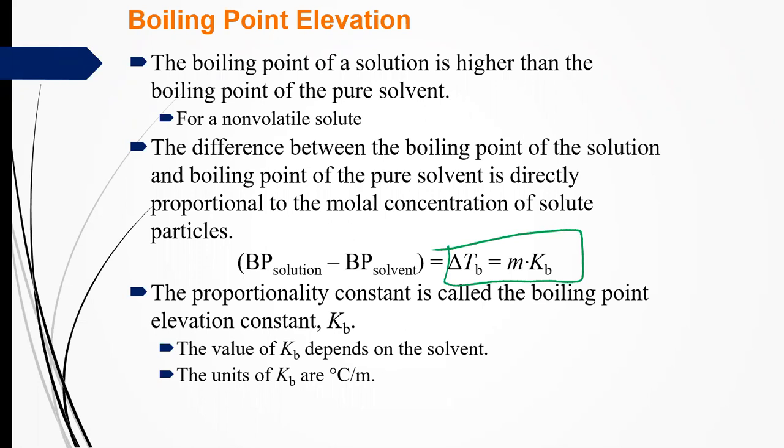The only part that we have to remember is that this will always be an increase, whereas our freezing point is always going to be a decrease. So it takes us more energy to boil because our vapor pressure is low. And because the vapor pressure is low, we need to get to a higher temperature in order to get enough vapor pressure to be equal to that surrounding atmosphere.